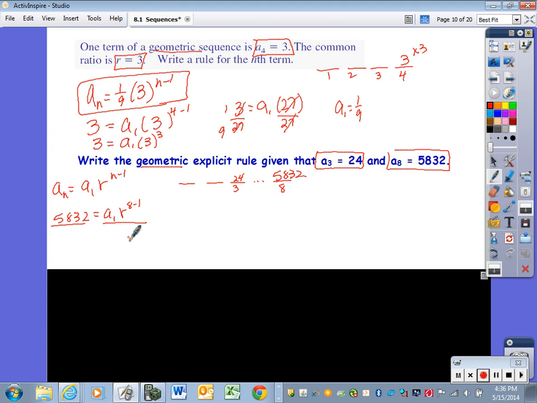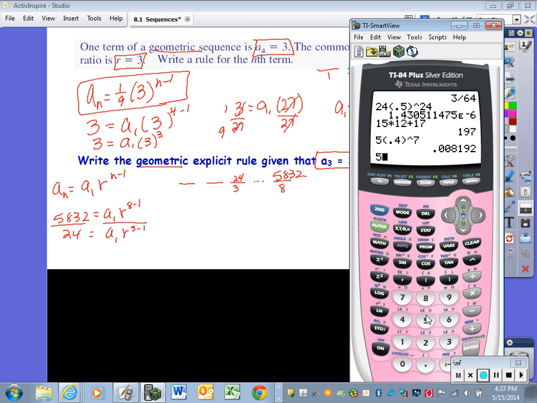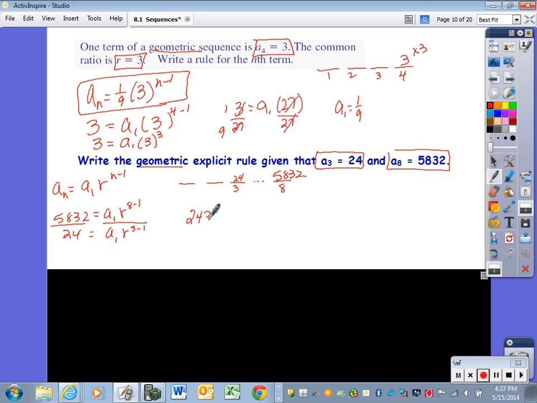Now I'm going to set the next equation up as a ratio, just like I did when I did exponentials. Exponentials are geometric. 24 equals first term times ratio to the n, 3 minus 1. 5832 divided by 24 is 243 equals a sub 1's reduce, r to the 7 divided by r squared is r to the 5th.